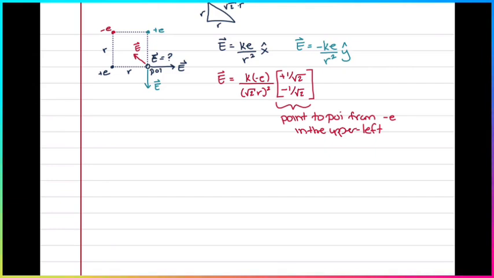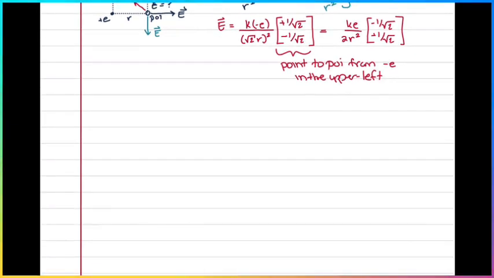That negative e then flips the sign, so that this ultimately points, kE over square root of 2 squared, which is 2, then r squared. Then it looks like this is negative 1 over root 2 plus 1 over root 2 if I take the negative inside. So the electric field points left and up, which is what we expected it to be.